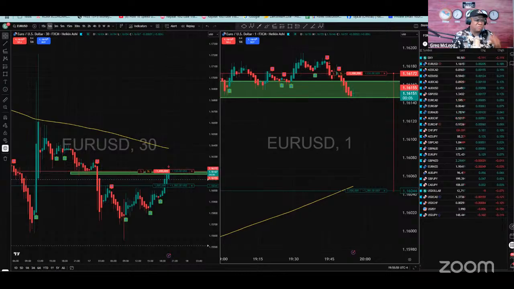Euro Swiss, I can see it's 93.26, so that 26 area is trying to be defended there. Euro's trying to bounce out of the box.